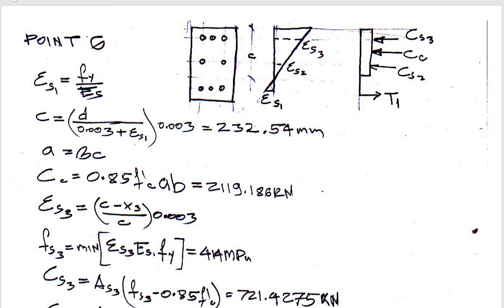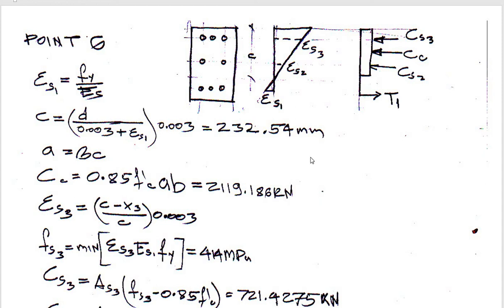And then you can compute now your A, which is beta C. From there, you go straight to compression concrete. Ito na yun. This is the area of your rectangular block. 0.85 F prime C multiplied by A times B. Divided by 1,000 para magiging kilonewton.